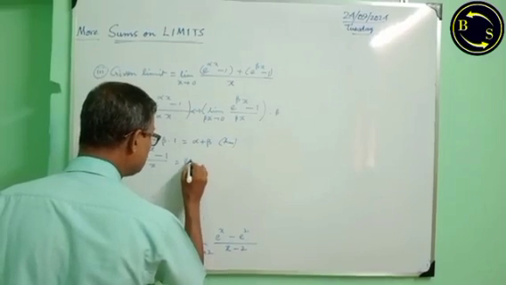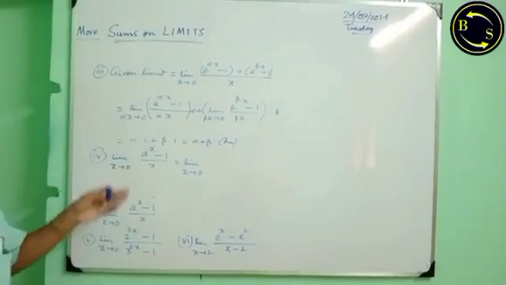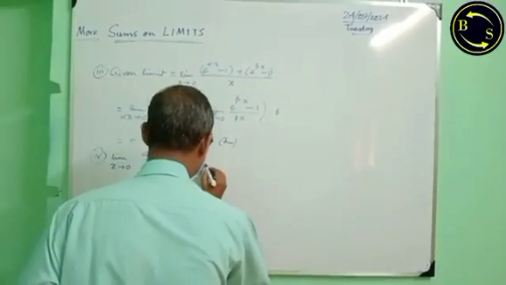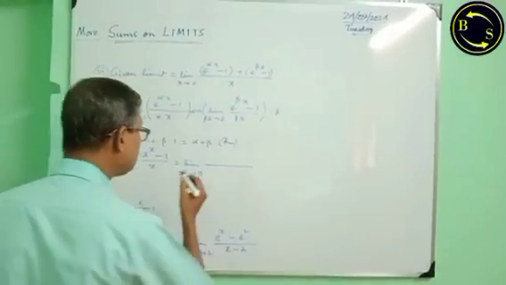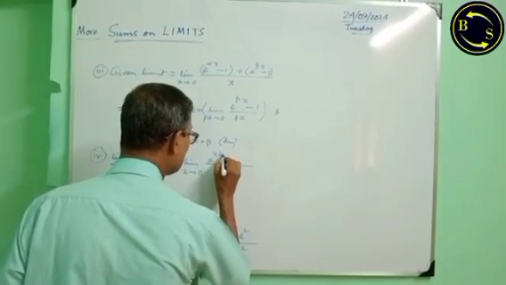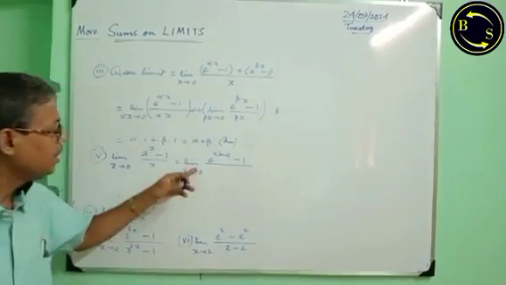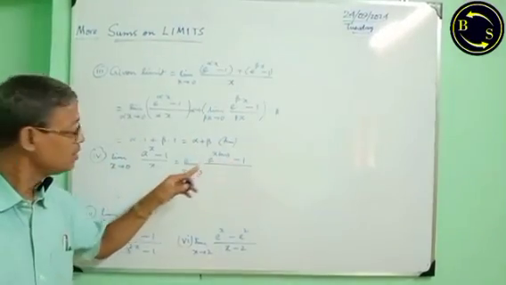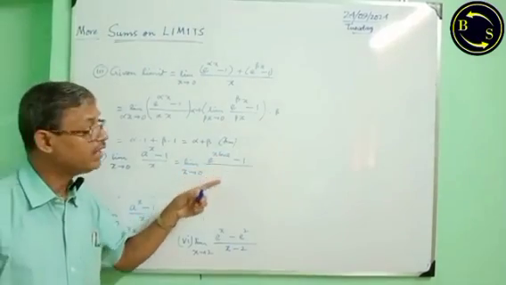Limit x tends to 0, a to the power x. If I write taking e as base, then it will be e to the power x log a minus 1. E to the power x log a is equal to a to the power x. Here I have written ln a.